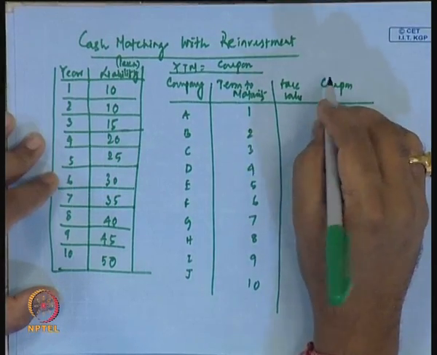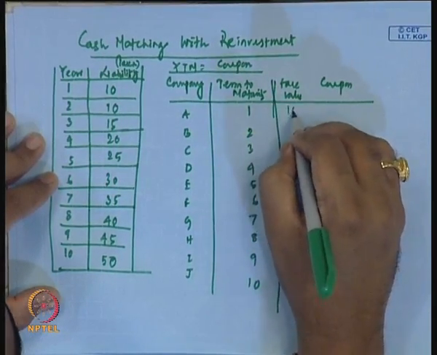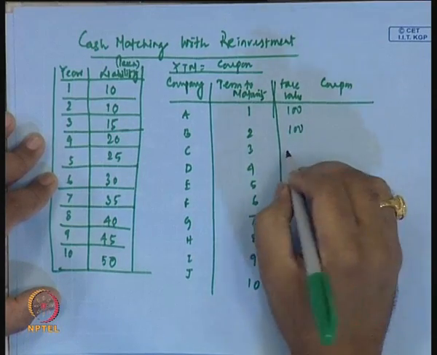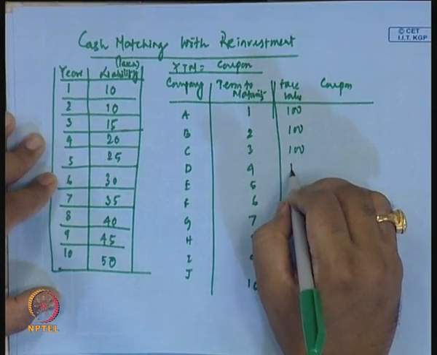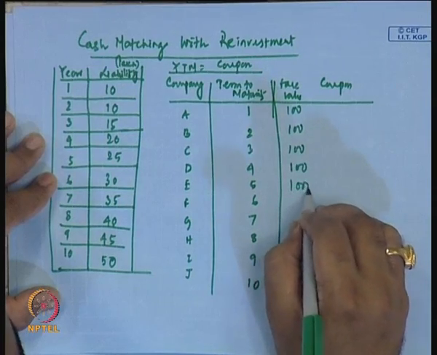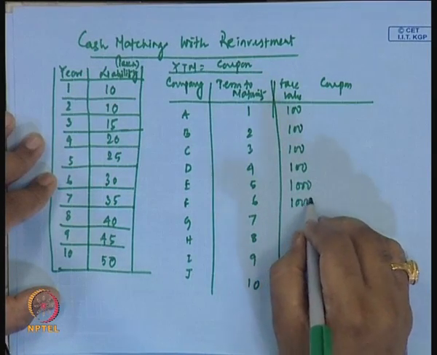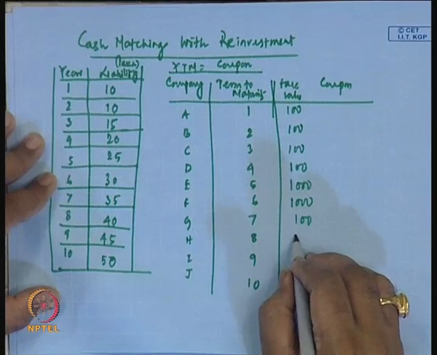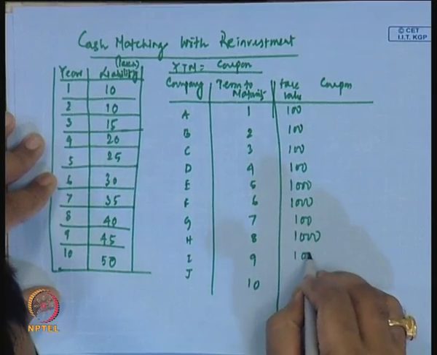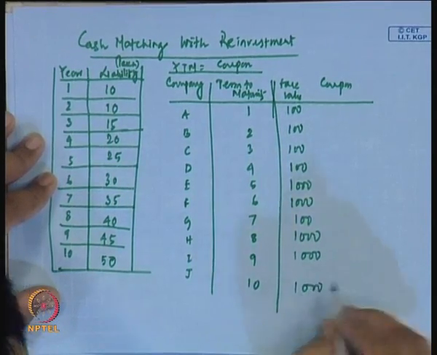Then we have the face values of these bonds: 100 rupees, 100 rupees, 100 rupees, then 1000, also 1000, 100 rupees, 1000, 1000, and also 1000.